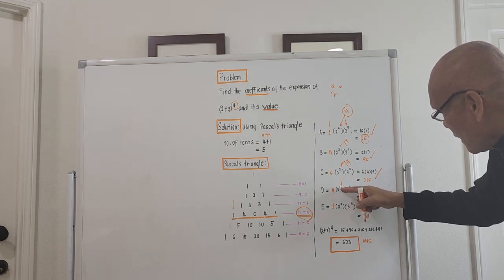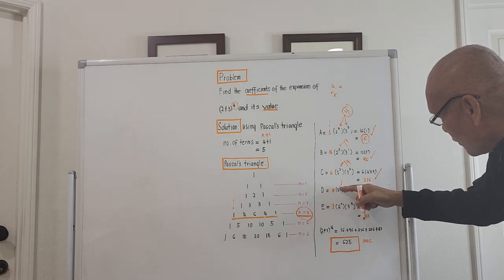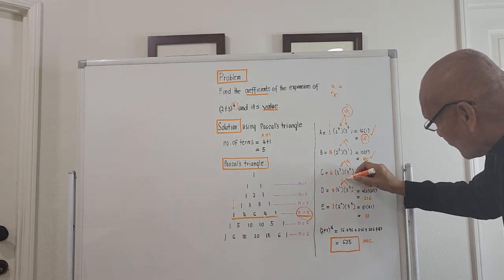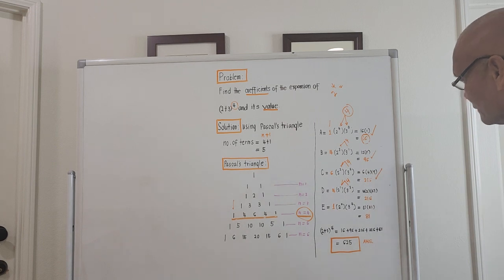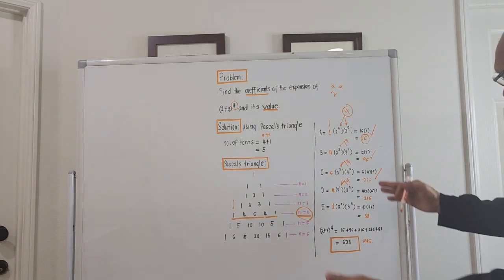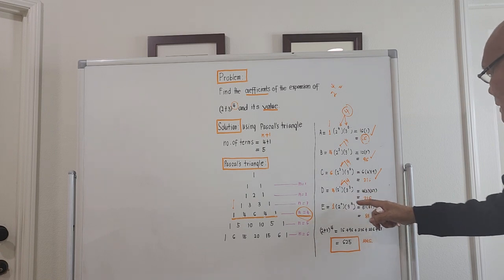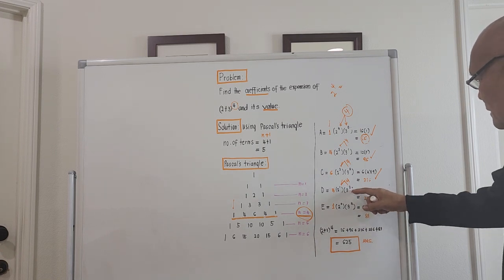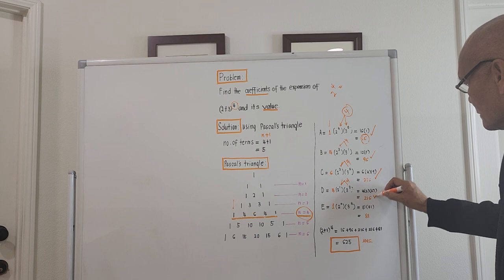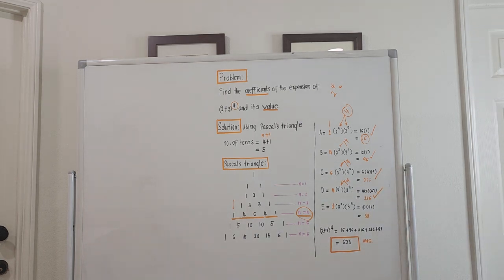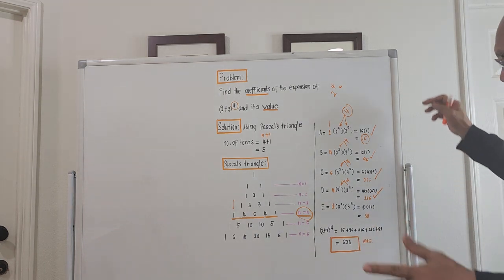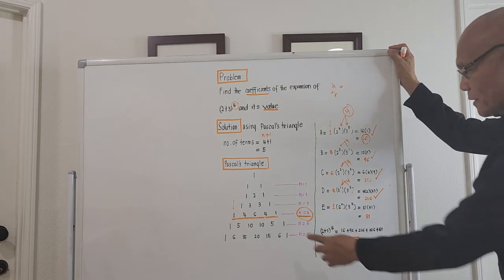So if this is 1, this should be 3, because the sum of 1 and 3 will always be 4 for the given problem, right? And if we simplify this one, this will be 4 times 2 times 27. What comes out is 216. That's the fifth term.